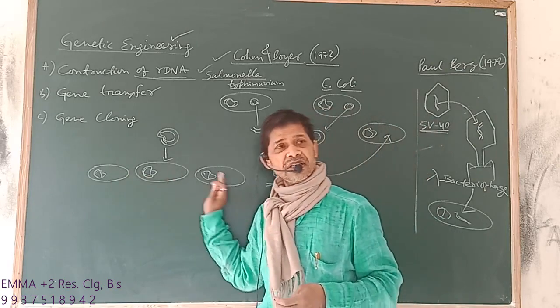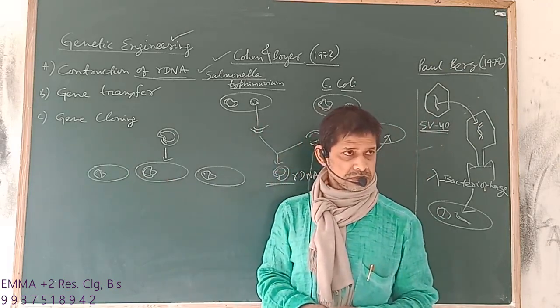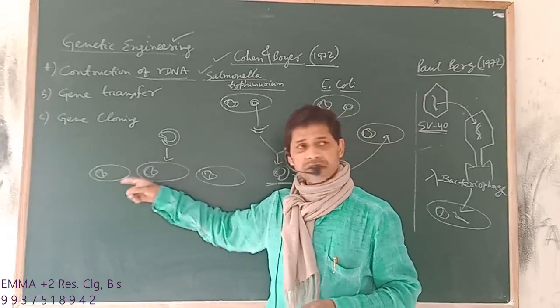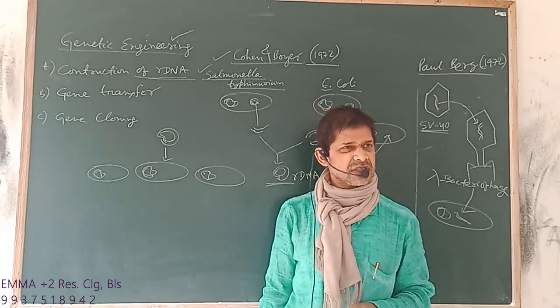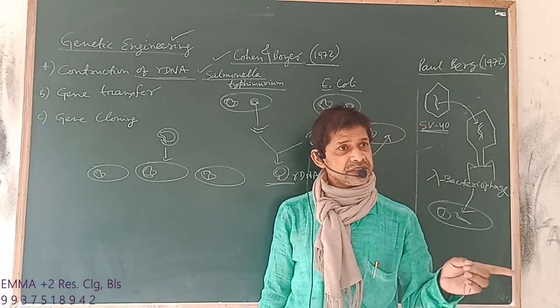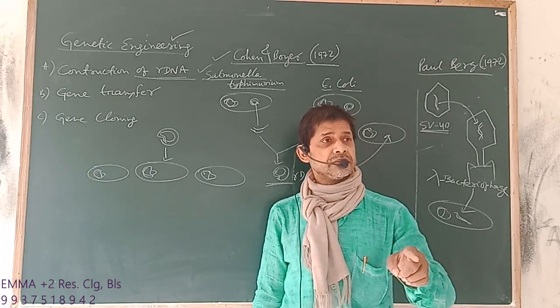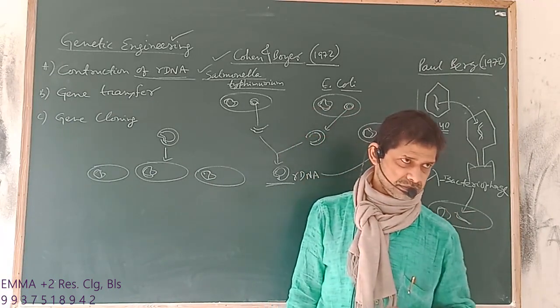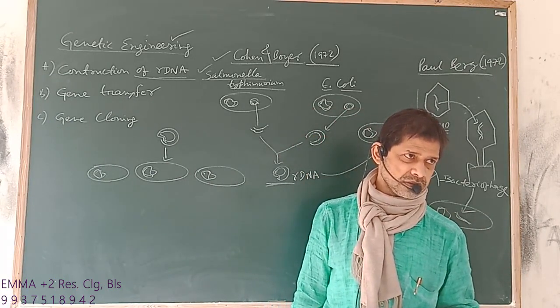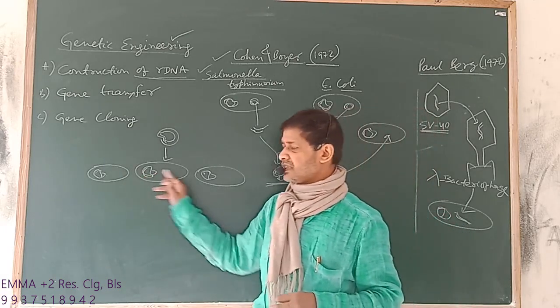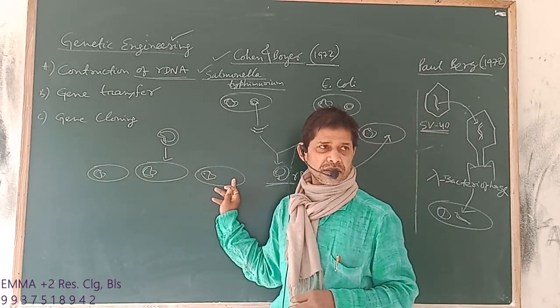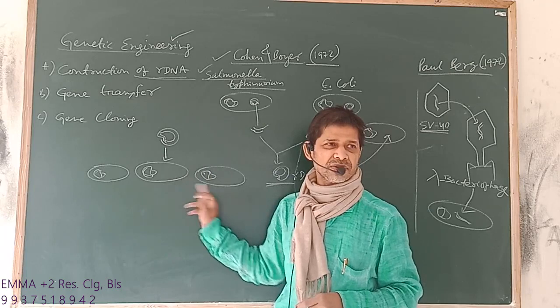If the host cell is a plant cell, we can do gene-gun or biolistic method of gene transfer. Otherwise, agrobacterium mediated gene transfer. Clear or not? If these are animal cells, how can we transfer the gene into the animal cell?